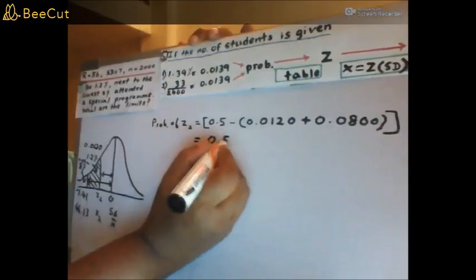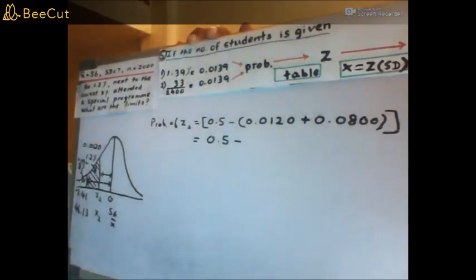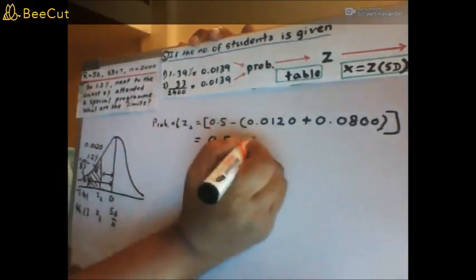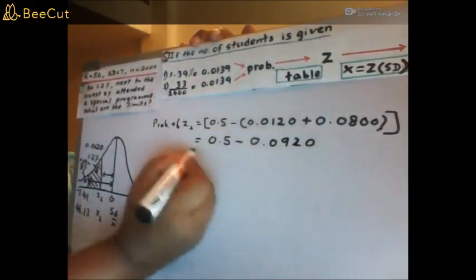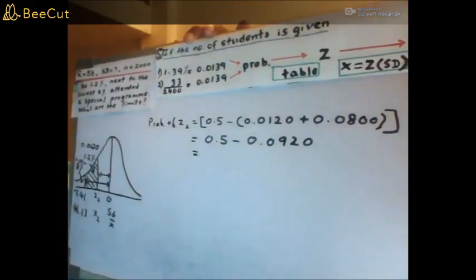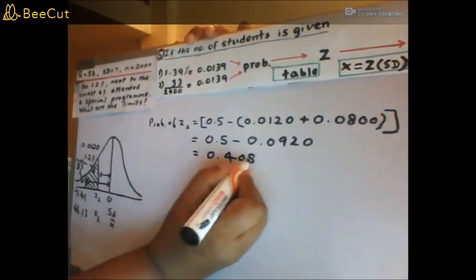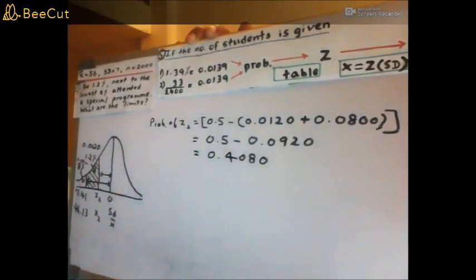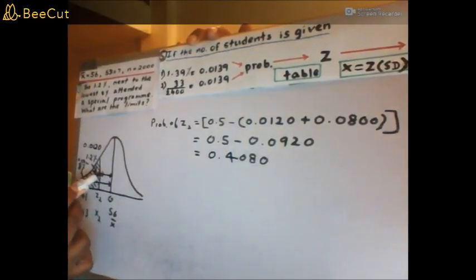Here 0.5 minus, we have to add these. The answer is 0.0920. Answer 0.4080. What is that? This one, 4080.